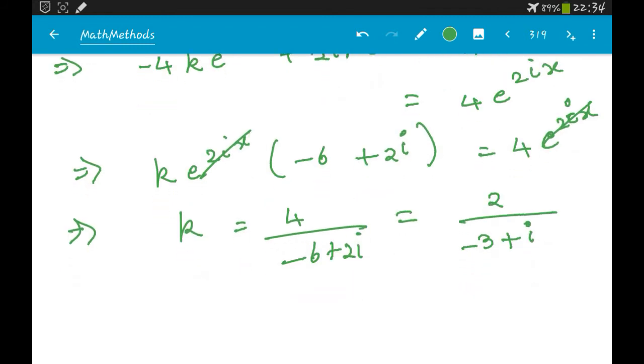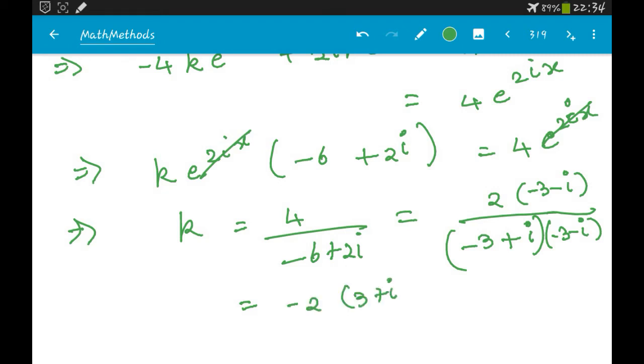Since we do not want to keep a complex number in the denominator, we will multiply this by its complex conjugate, both in the numerator and in the denominator, and we will get 2 into 3 plus i, minus 2 into 3 plus i, by 10.